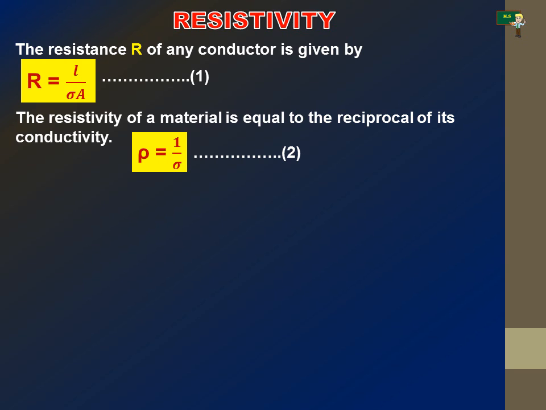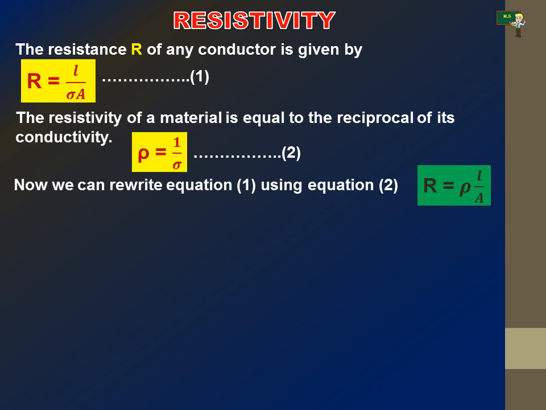So the resistivity of a material is equal to the reciprocal of its conductivity. So rho is equal to 1 by sigma. Let's assume this as equation number 2.